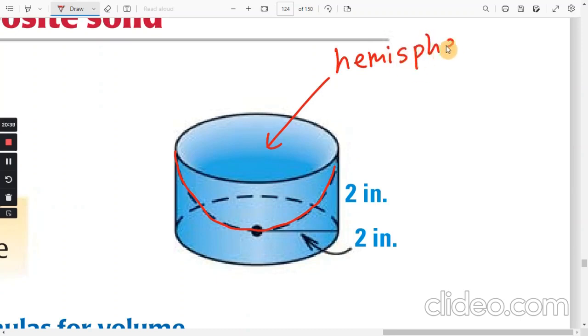And a hemisphere is basically half of a sphere. Okay? And that right there is actually empty space.